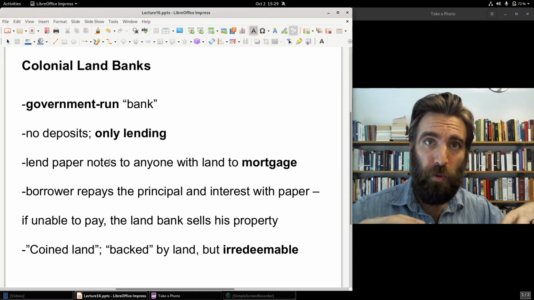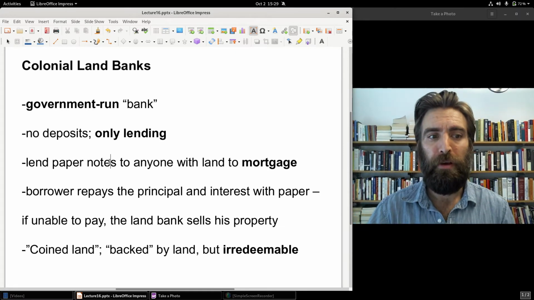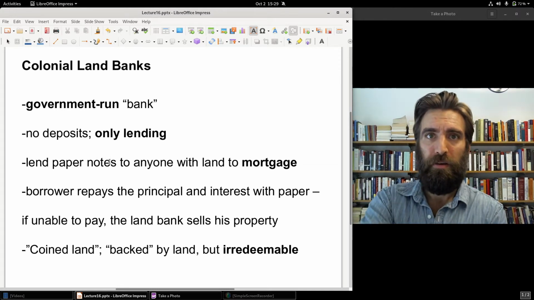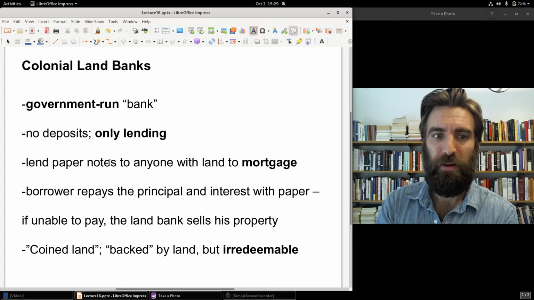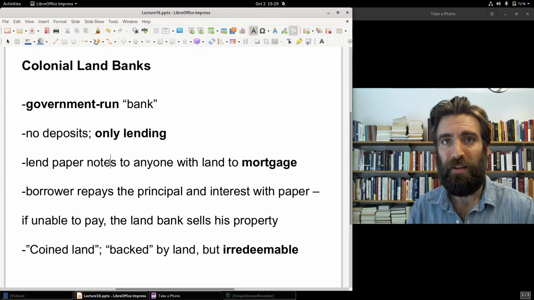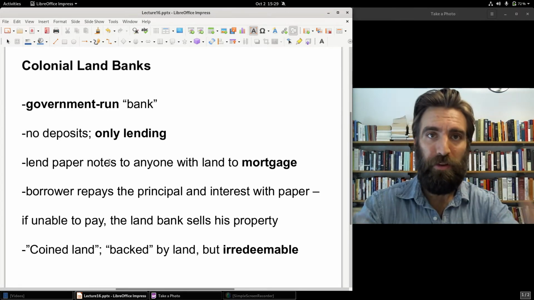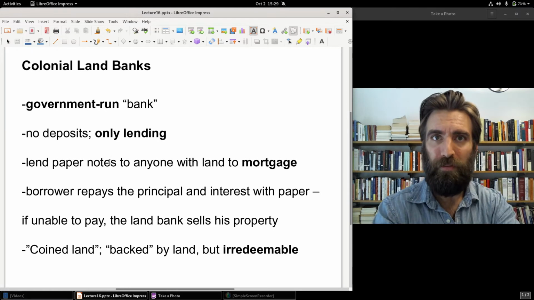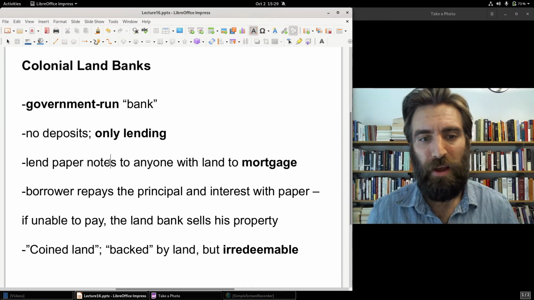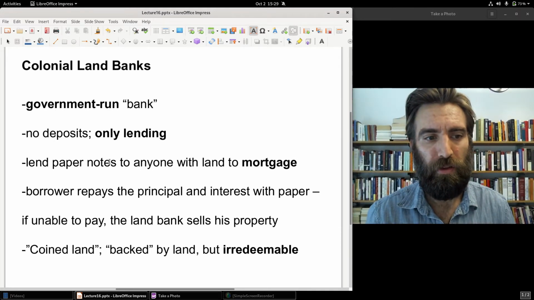Now, if you were a borrower and you defaulted on your debt, you were unable to pay your debt, then the land bank, since you've mortgaged your property, can sell your property for the requisite amount of notes, for those paper notes, and thus those paper notes would return back to the land bank.